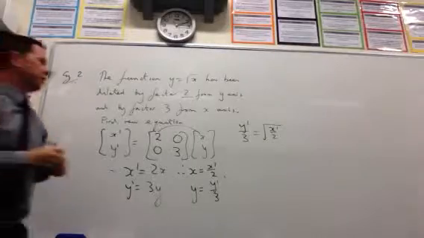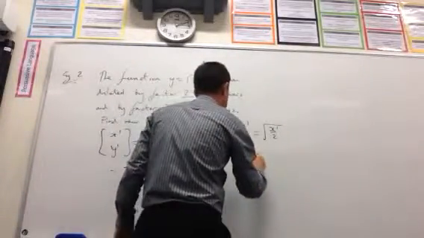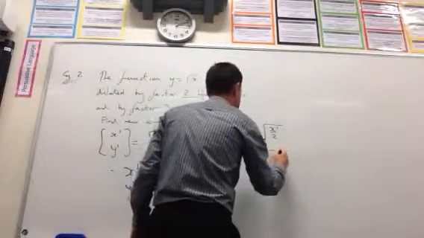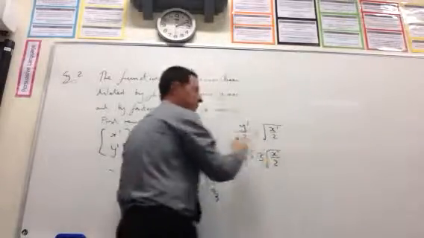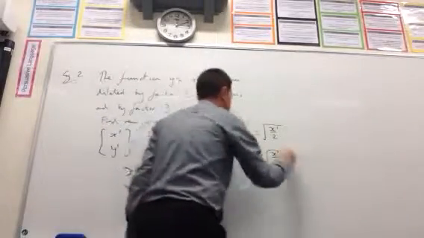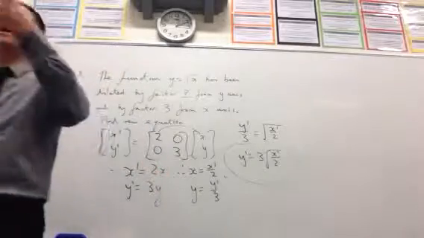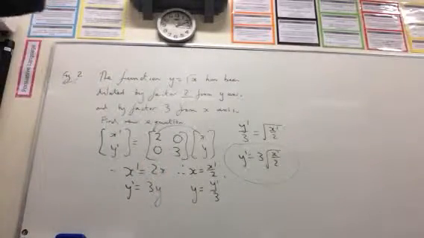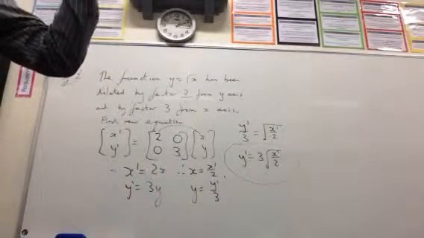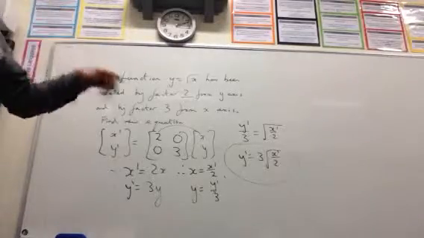Yeah? That means y dash is 3 times root x dash over 2. That's my new equation. Once you've done that, you drop the sticks. You don't write the sticks anymore. You just write y equals.